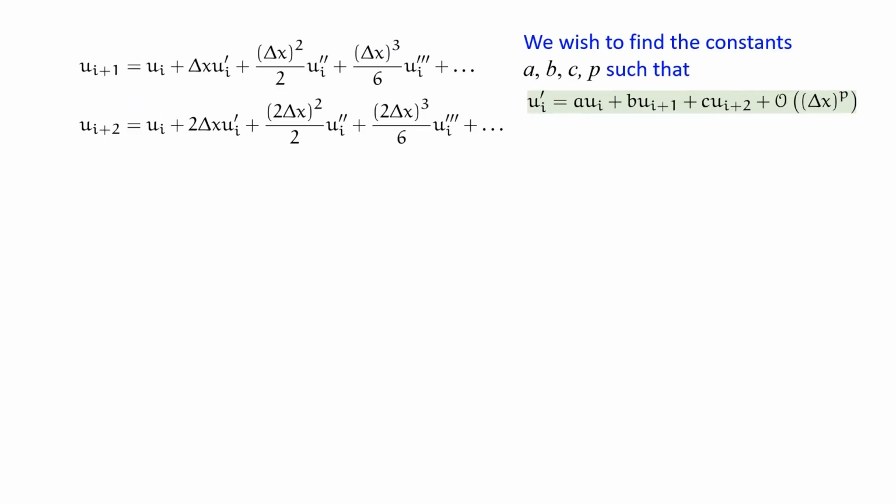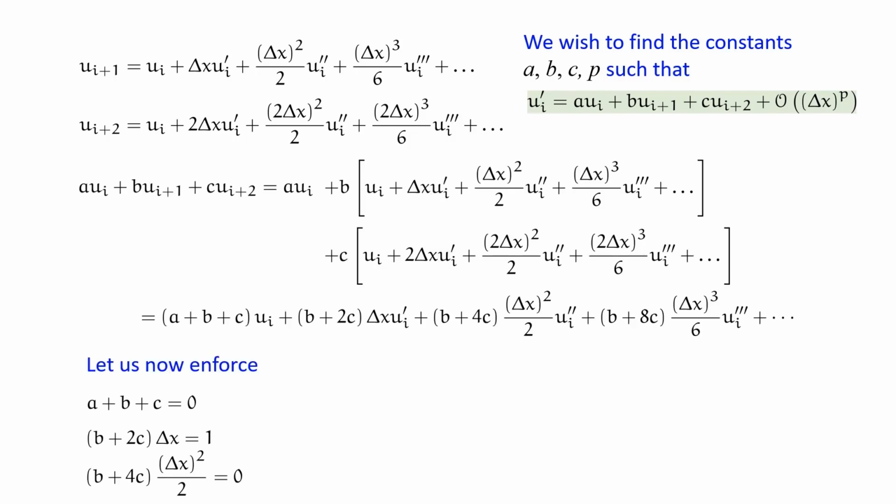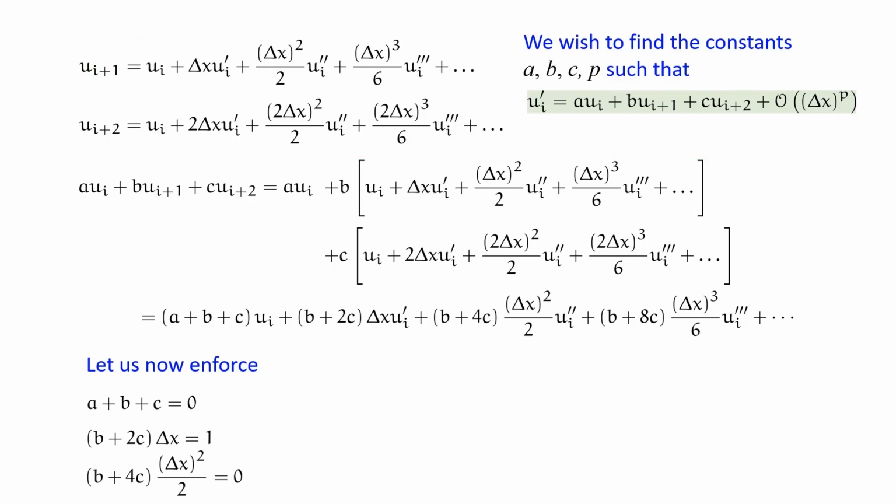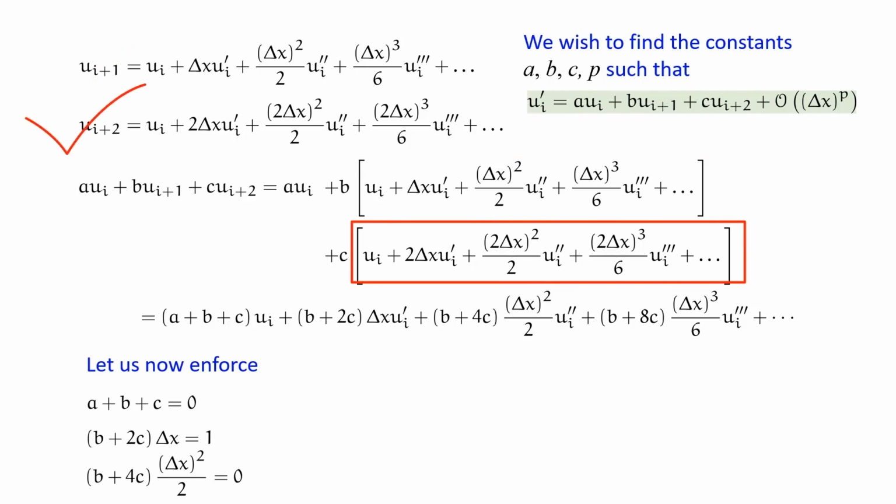Having set our goal to find the constants a, b, c and p, we write a u i plus b u i plus 1 plus c u i plus 2 equals a u i plus b multiplied by u i plus 1, which we take from the Taylor series expansion. Then again we add c u i plus 2, which we take from the Taylor series expansion of u i plus 2.